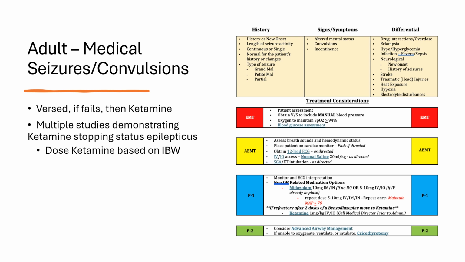All right. Seizures, this is different. Versed, right? Start with Versed. If they're still seizing in status after you've done 2 doses of 10, give them ketamine. There's a lot of research right now about how ketamine can stop refractory status epilepticus.